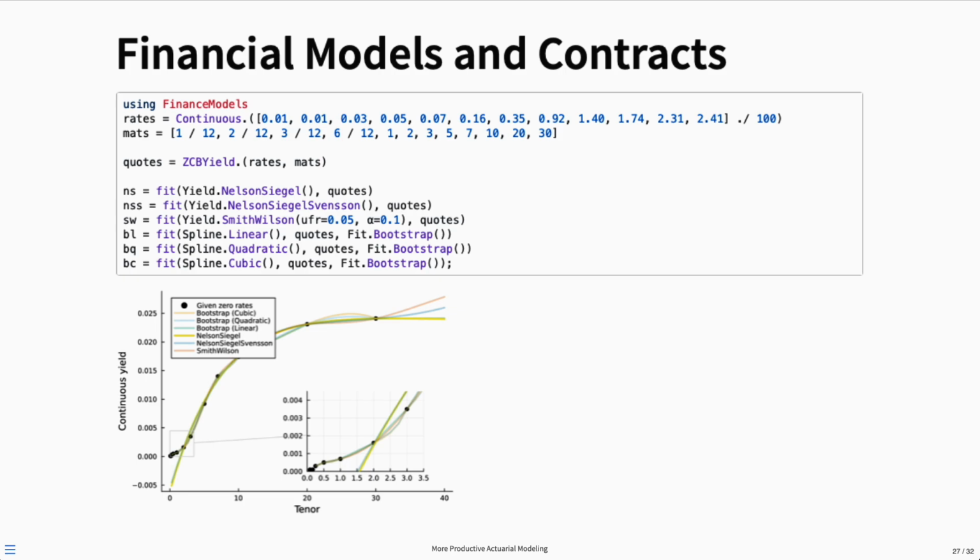I'm not aware of other publicly available libraries that let you do something like that. There's a lot of really rich functionality in FinanceModels, and it's designed to be very extensible so that you can define new types of yield curves or other types of financial term structure, like FX or volatility surfaces, things like that.